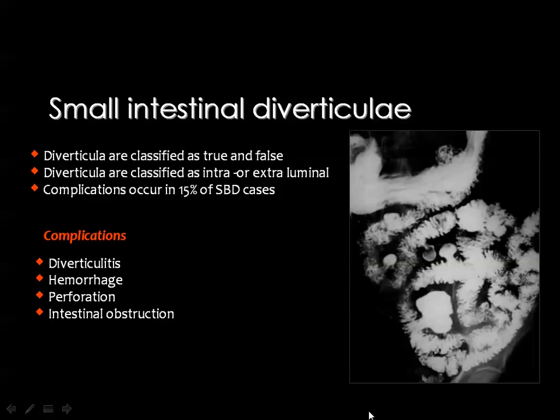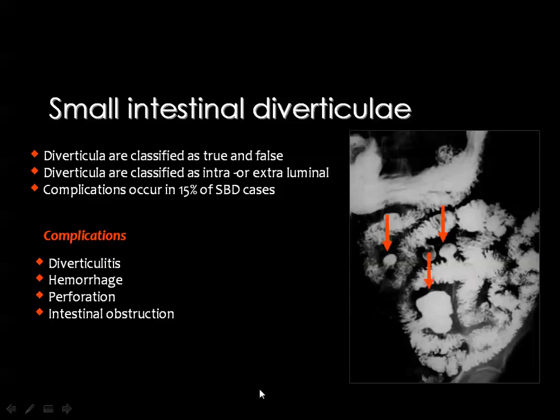Diverticuli in the small bowel are usually rare compared to the diverticuli in the colon and in the duodenum. As a general rule, diverticuli have complications which include inflammation leading to diverticulitis, hemorrhage, and perforation, while those in the small bowel may lead to malabsorption and may also lead to intestinal obstruction.